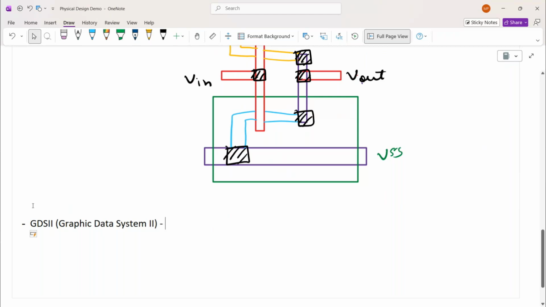So this is a standard file having the physical layout of your chip, right? This is a standard format having the physical layout of your chip.